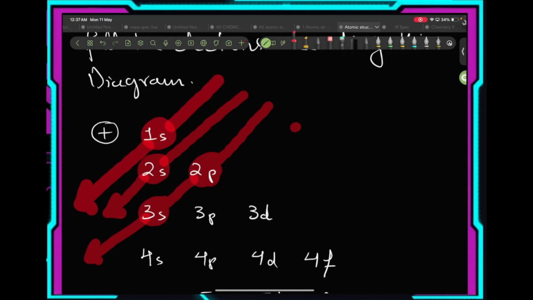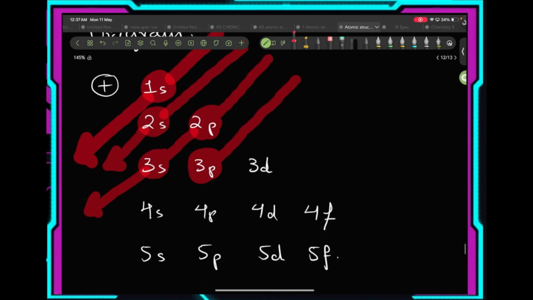After 3s you go into 3p. That means 3p is further away from the nucleus compared to 3s. And then after 3p you go into 4s, not 3d.